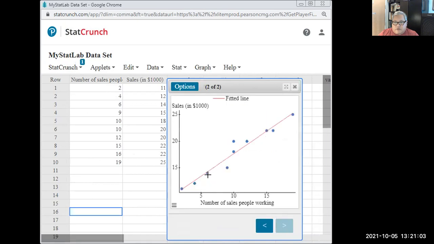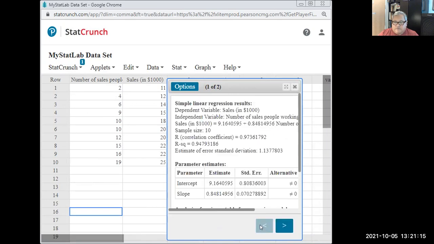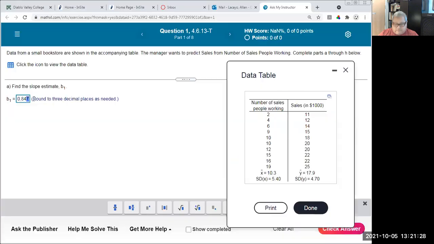The whole regression model will look like a line that has a slope and an intercept. So as you can see, the slope I calculated is 0.848 and the y-intercept is 9.164. So this number here, 0.848, is very much what we calculated by hand and included here.